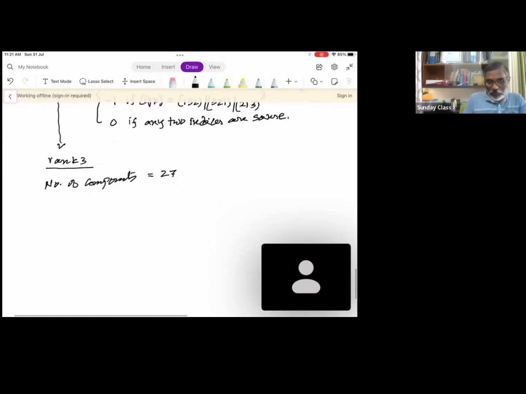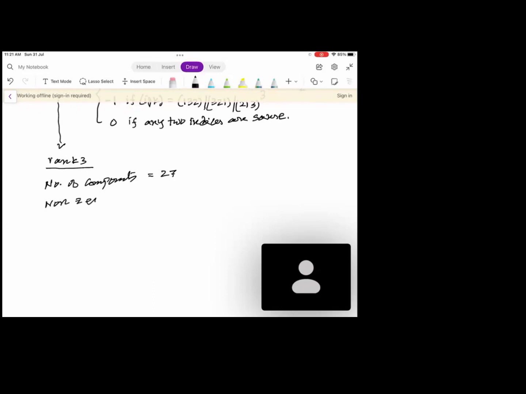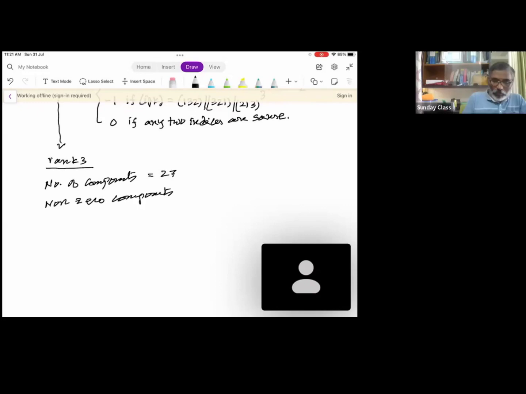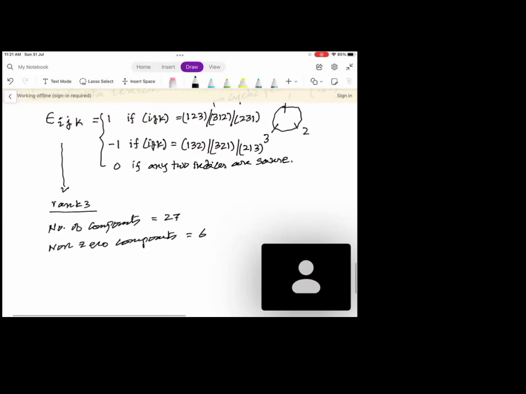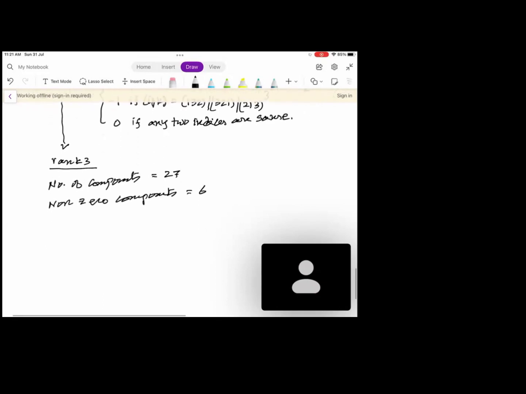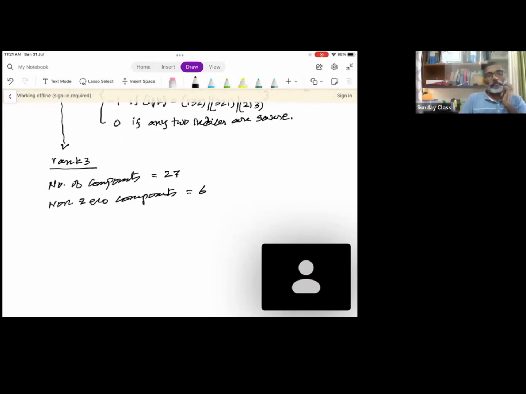Let's consider 3-dimensional space. How many non-zero components? 6. Zero components are 6? Oh, right, I thought of the previous example. Totally 6 are non-zero, so 21 components are 0.